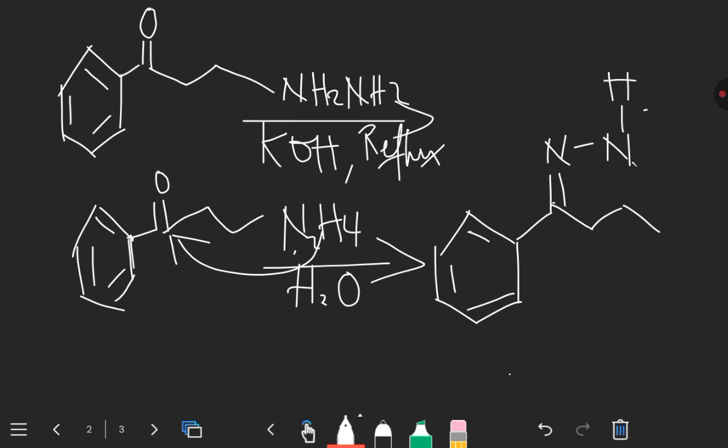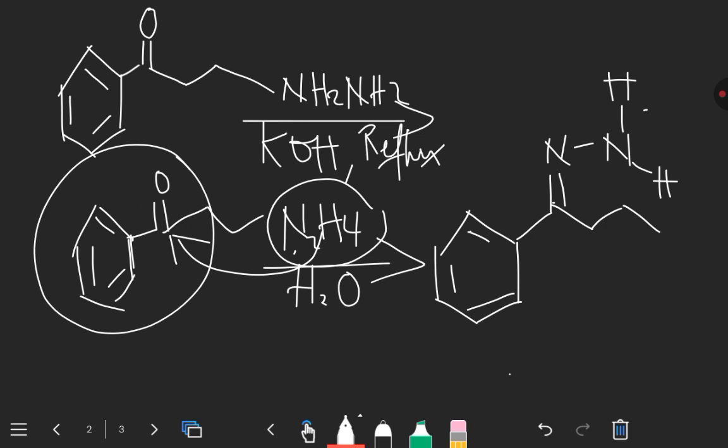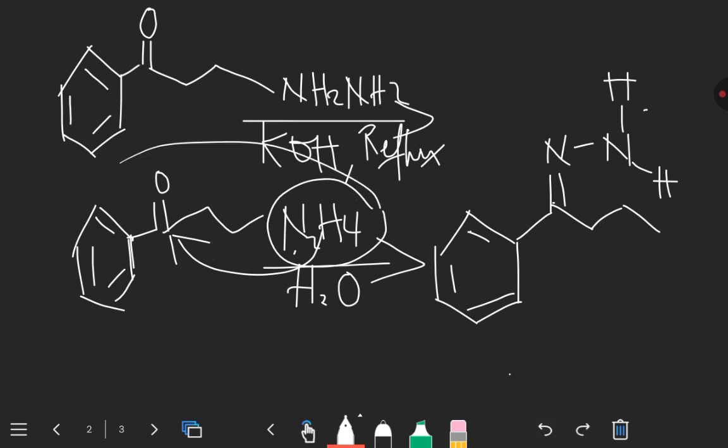Then we have that. So the first thing is that this will attach where there is this carbonyl group, and we explained in the other tutorial where we are dealing with this type of reaction the steps which take place here.